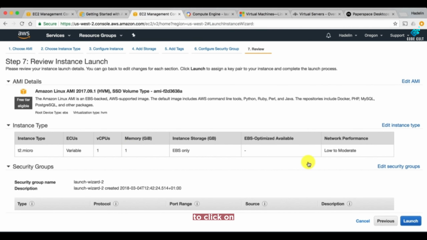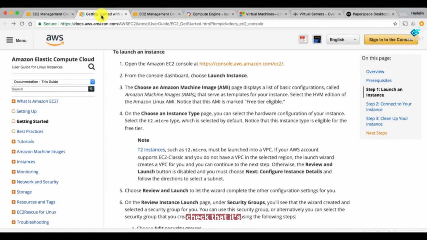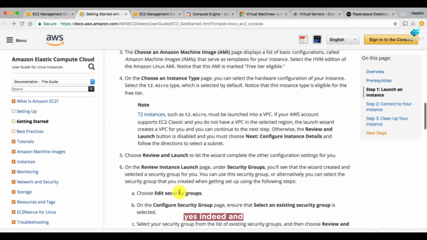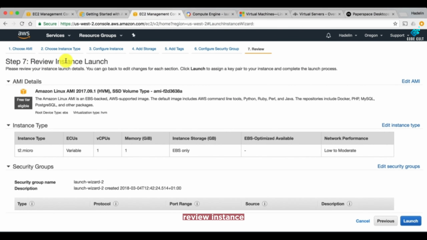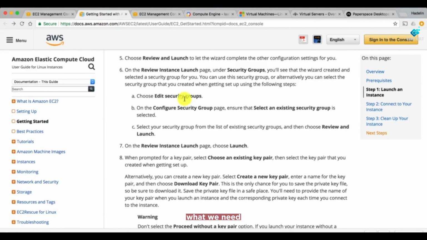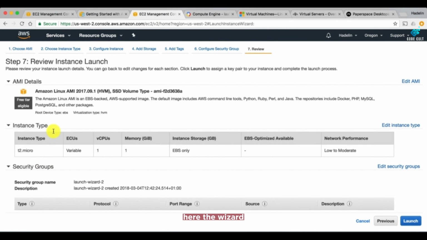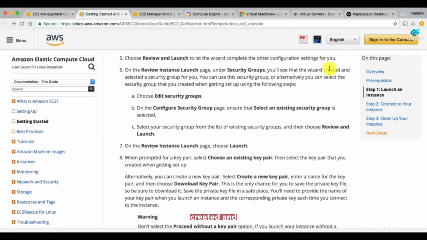So then you need to click on launch. Let's check that it's the next step. Yes, indeed. And they give us more details on the review instance launch page. That's exactly this page here, review instance launch. Well, what we need to do is under security groups here, the wizard created and selected a security group for us.